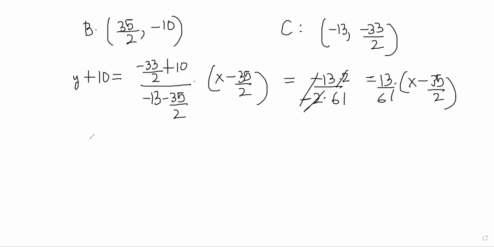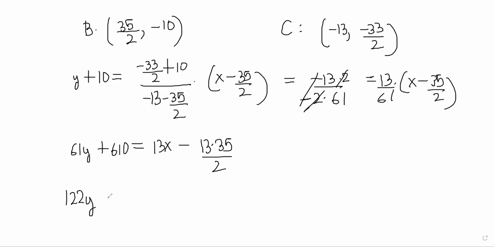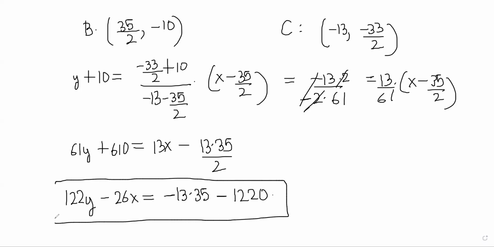So finally, we will get 61y plus 610 is equal to 13x minus 13 into 35 by 2. So actually it will become 122y minus 26x is equal to minus 13 into 35 minus 1220. So this will become your equation. So notice what technique we used.